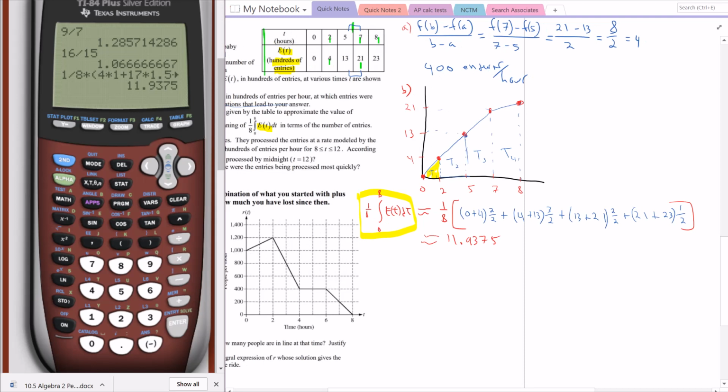So the meaning of it is 11.9375 hundreds, or we could write 1193, about that many people on average in the zoo from t equals 0 to 8.